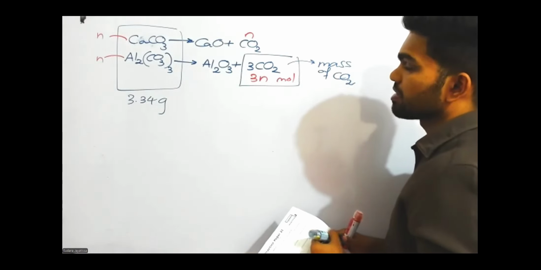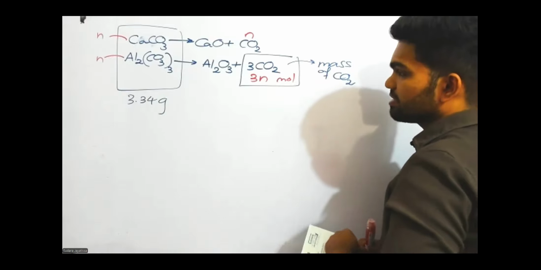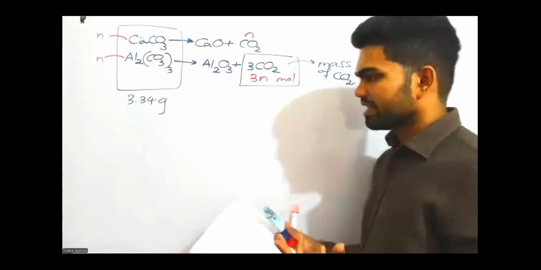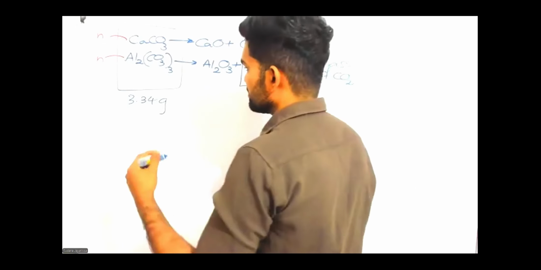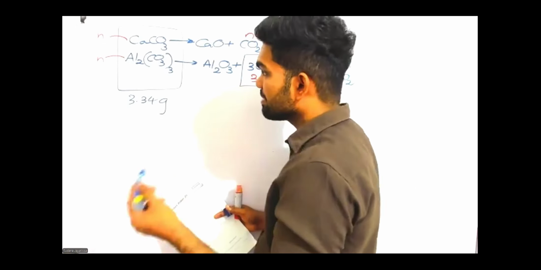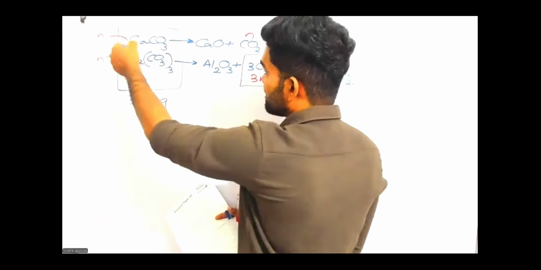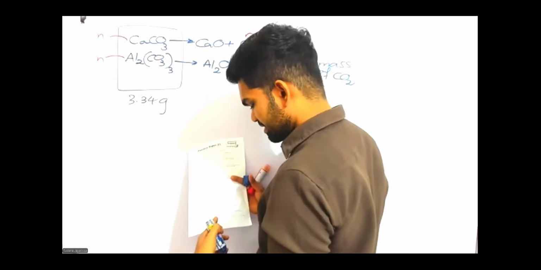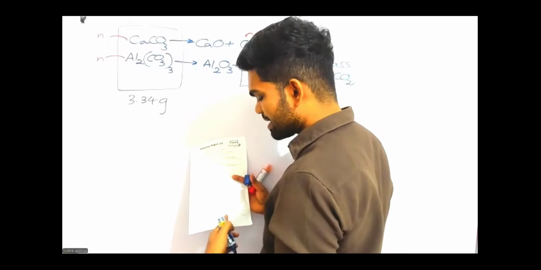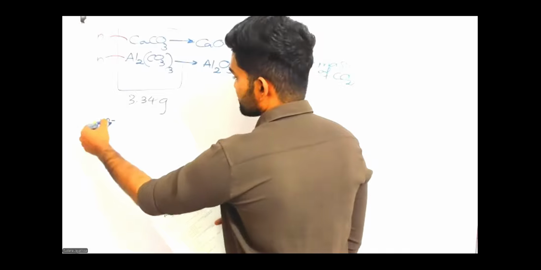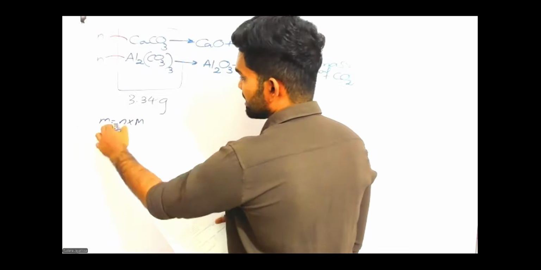The first thing you can do is find this n. What is the value of n? You have n moles of each compound. The molar mass of calcium carbonate is 100, as given in the question, and for aluminum carbonate, the molar mass is 234. If you multiply moles by molar mass, you will get the mass.